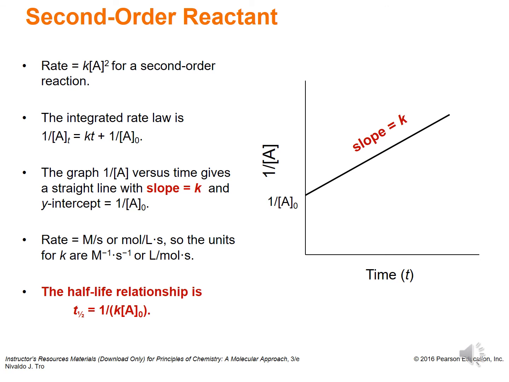Since rate, of course, always equals molar per second in our course, the units of k for a second order reactant would be molar to the -1, seconds to the -1. And the half-life relationship here, t1/2 equals 1 over k[A]0. All right, so there we have it.